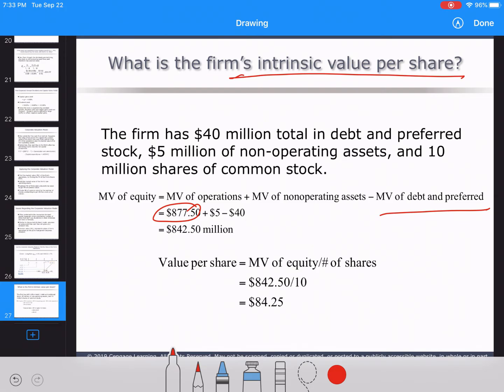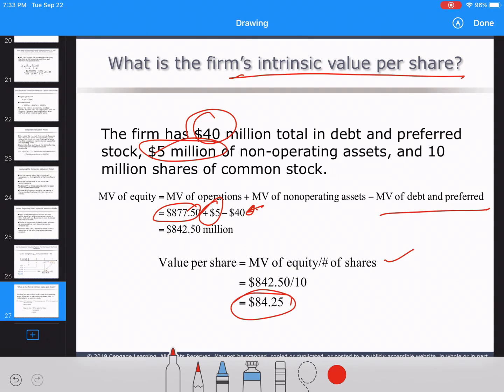Market value of non-operating assets is the one given here. And then market value of debt and preferred stock is right here, 40 million. This is your market value of equity. Now, once you have market value of equity, you divide by number of shares and you get the stock's price.